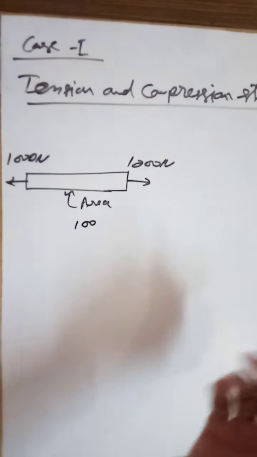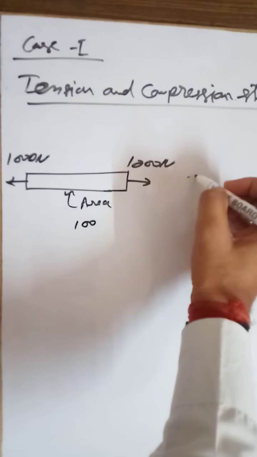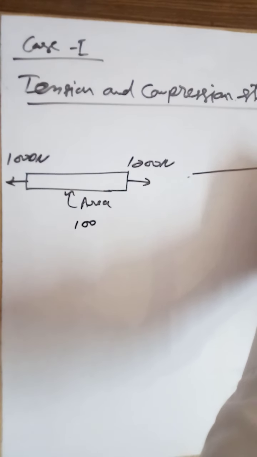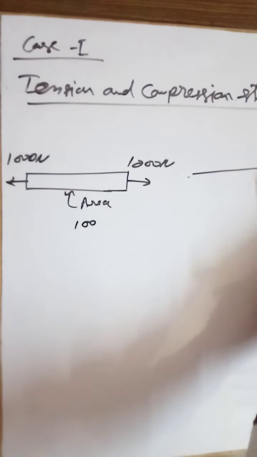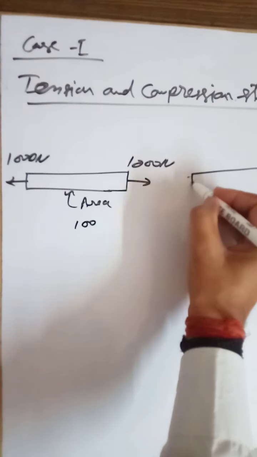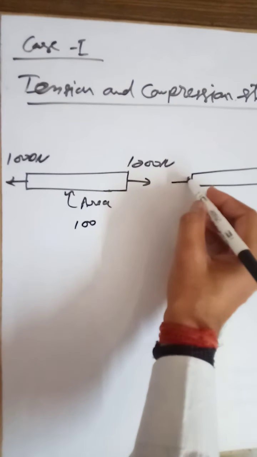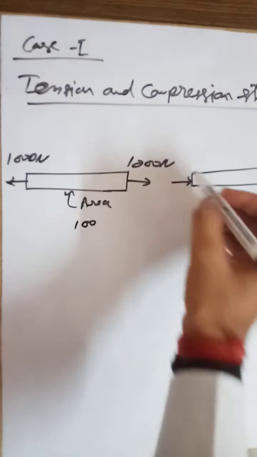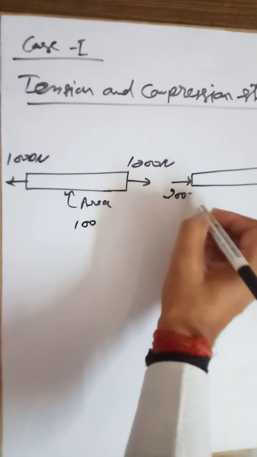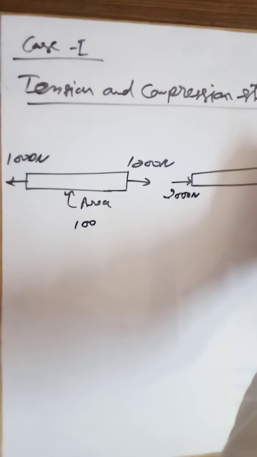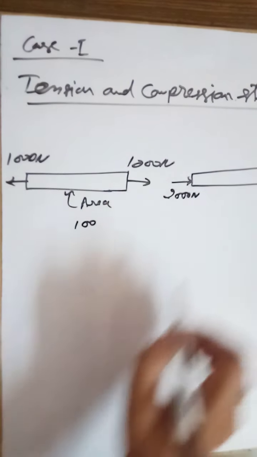And one other component we will take, so this is our compression stress on this. Here the direction of the stress is like this. Say it is 2000 newton, so here is the compression stress.